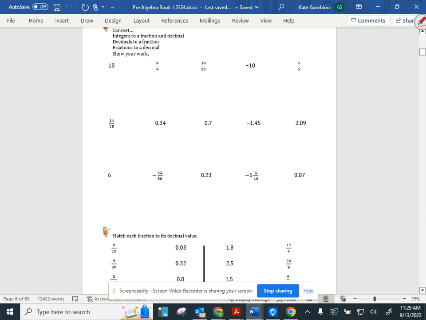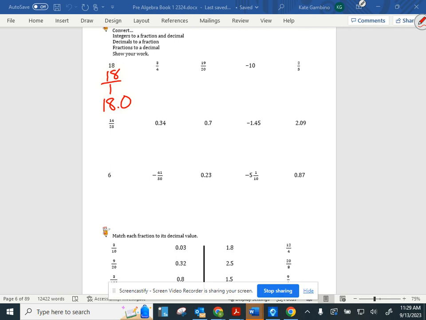I need to show it as a fraction and as a decimal. How do I show 18 as a fraction and a decimal? Grace? Show it as a fraction, you just do 18. And how do I show it as a decimal, Damien? Do 18.0. Very good.